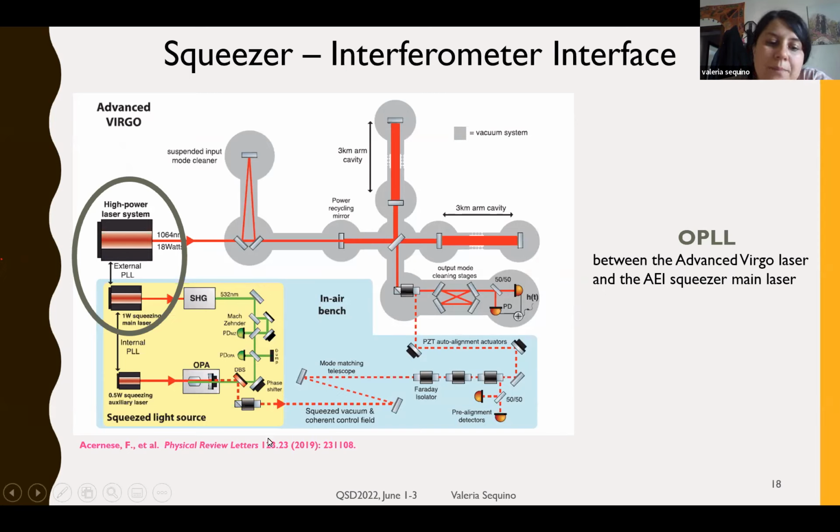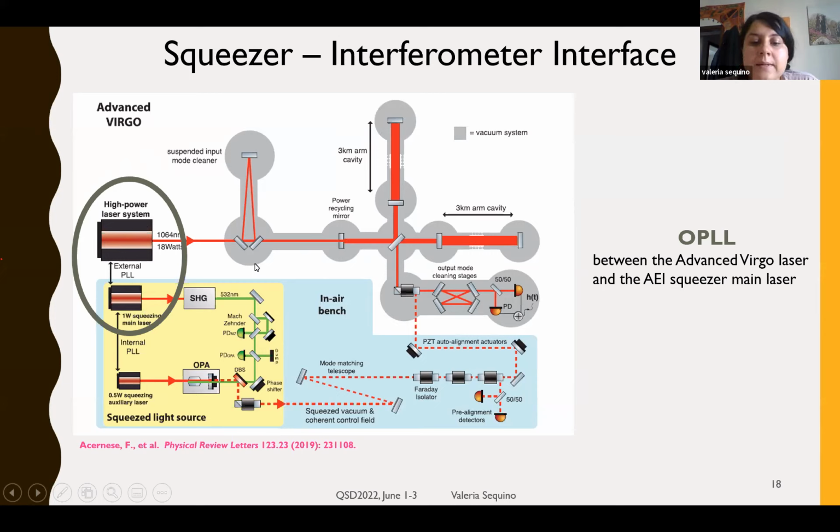This is our 1 meter by 1 meter squeezing light source, and this is our interferometer with arms 3 kilometers long. This is to show the interface. First of all, the laser of the interferometer and the main laser of the squeezer should be optical phase locked.